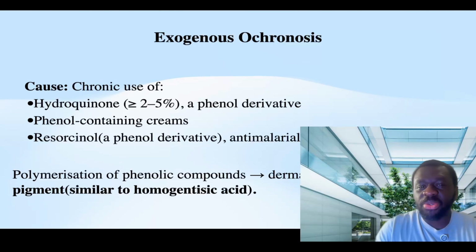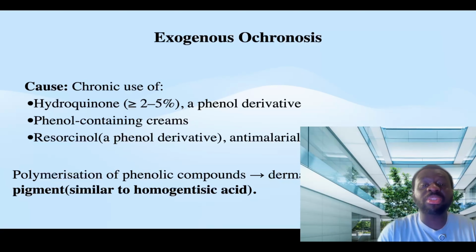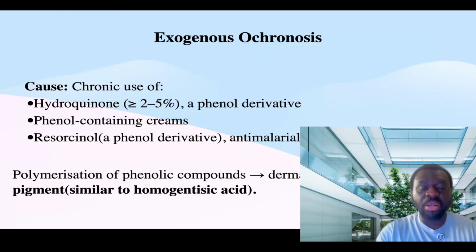Whereas exogenous ochronosis happens with topical application of phenolic compounds, phenol derivatives, creams that contain phenol, hydroquinone, which is a phenol derivative, resorcinol, another phenol derivative, and antimalarials that have a phenolic structure, like chloroquine, can cause exogenous deposition of ochronotic pigments.